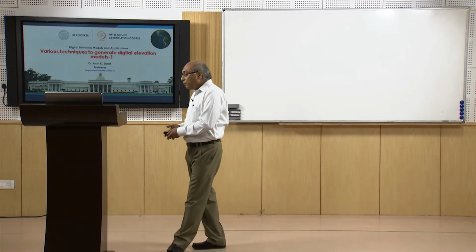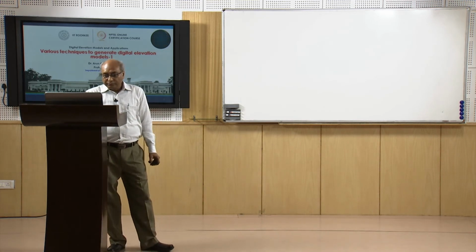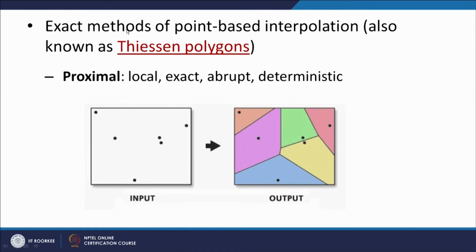The example of a typical linear interpolation technique is the Thiessen polygon, which is also called an exact method. The input is point data, and we do the interpolation assuming things are linearly related, through the Thiessen polygon concept. It is proximal, local, exact, abrupt and deterministic. So, all possible things are there.